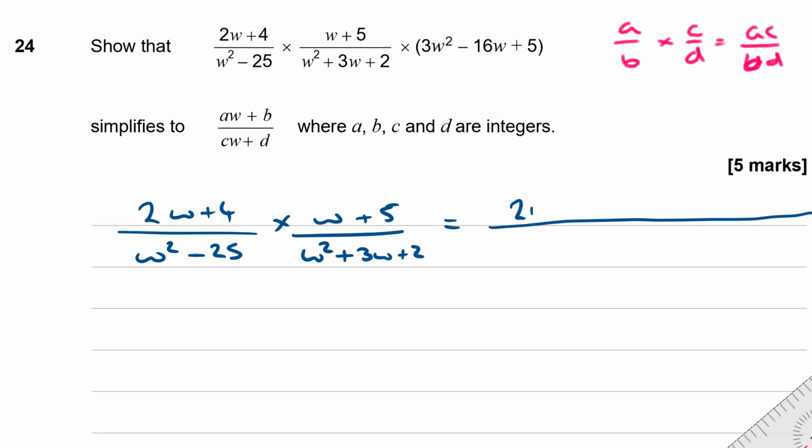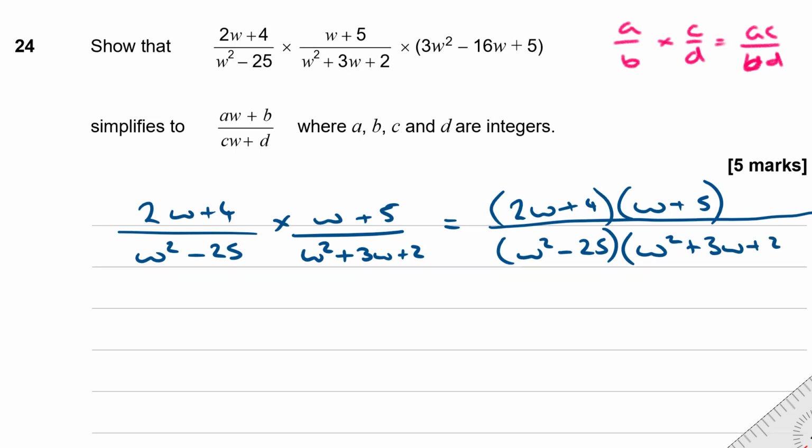So (2w + 4)(w + 5) over (w² − 25)(w² + 3w + 2). Now, can we cancel anything here?